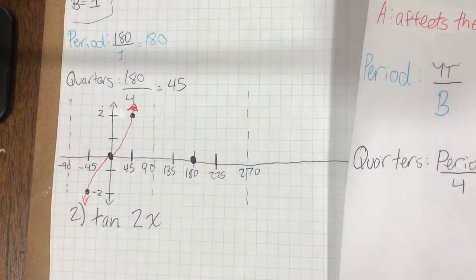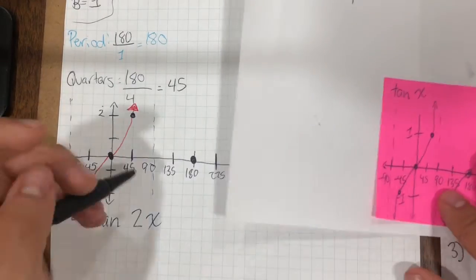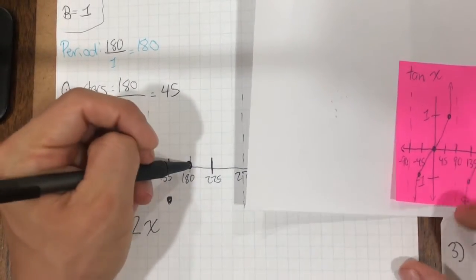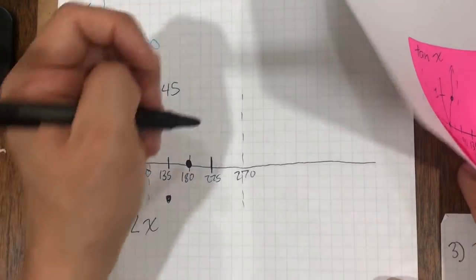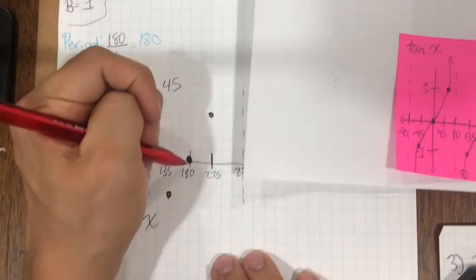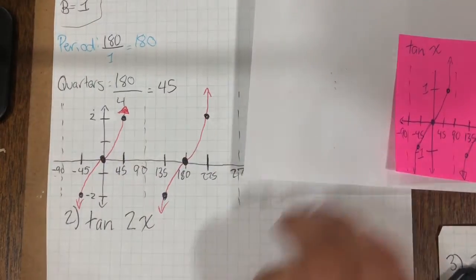Cool. And then I'm going to use the pattern to get my graph. So we have asymptote, then low at -2, mid still at 0, and then high at 2. All right, so that's my second graph.